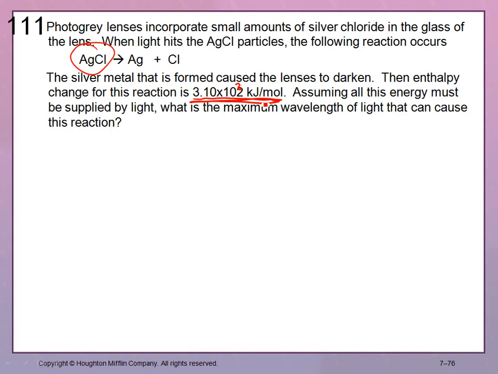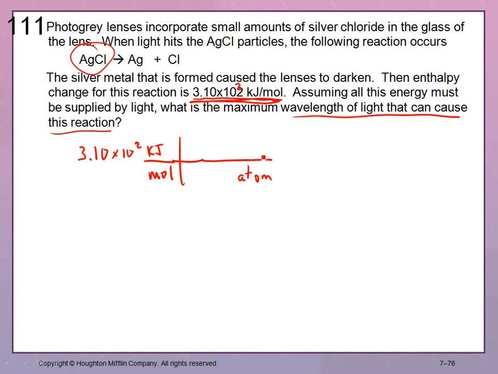And what this question asks is how much light does it take to change one atom? So we're going to take this 3.10 times 10 to the 2, that's the kilojoules per mole, and we want to just change these moles to atoms. How much does it take to change one silver ion to one atom of silver?